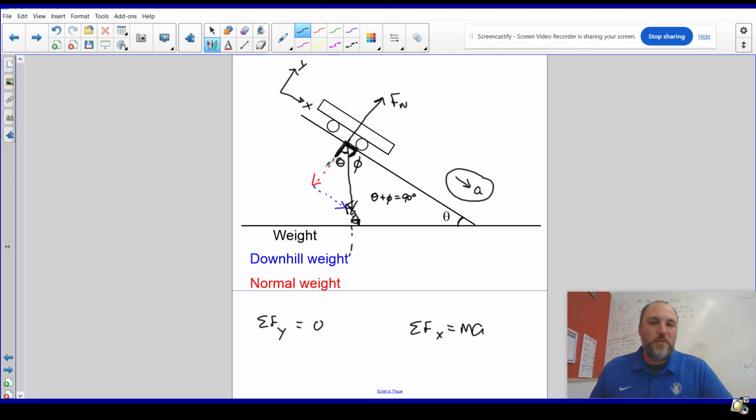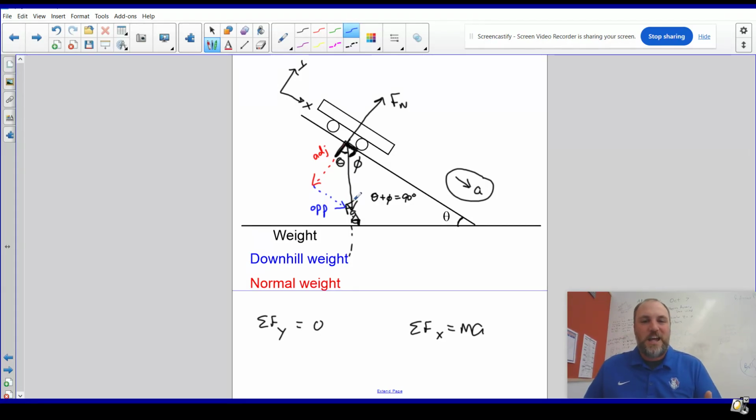So with that information, I'm able to now identify the sides of my right triangle. For the force of gravity, this component that's perpendicular to the ramp is the adjacent side. And for the force of gravity, the component parallel to the ramp is the opposite side. And using my trig functions to relate each side to the hypotenuse, or in this case, the real force, right?